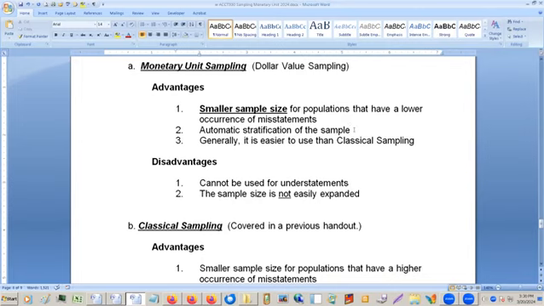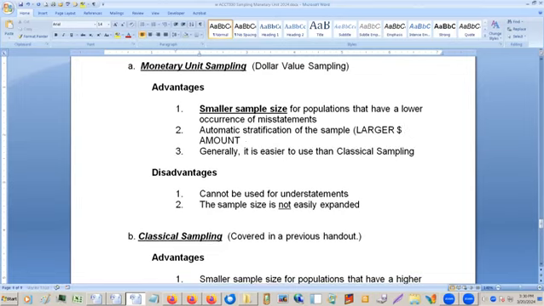In other words, larger dollar amount items are picked automatically.